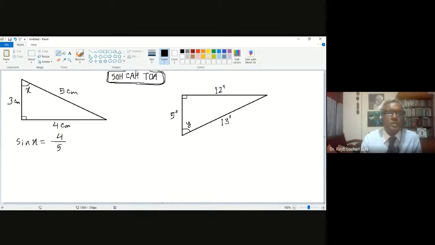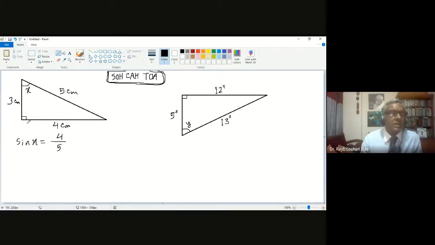If you know this, if it is in your brain, then you understand what sin x is. Sin x means opposite by hypotenuse. So you need to know which side is opposite. Opposite to the x angle, that will be opposite.